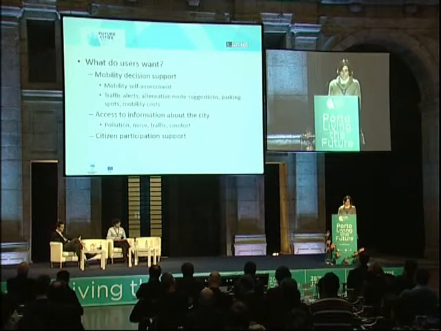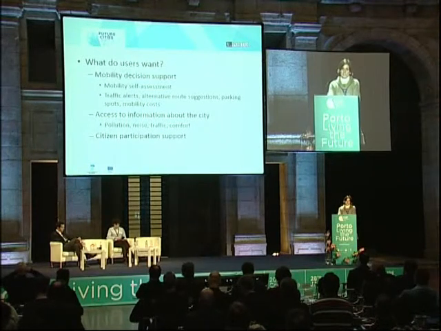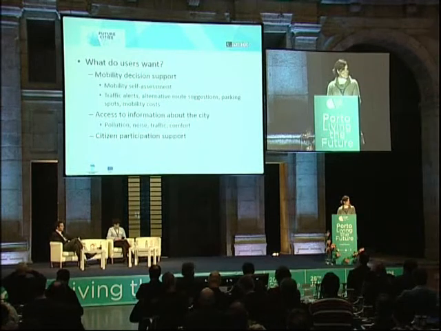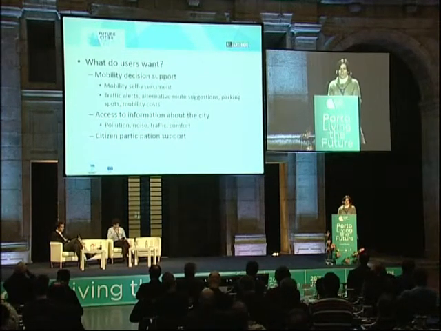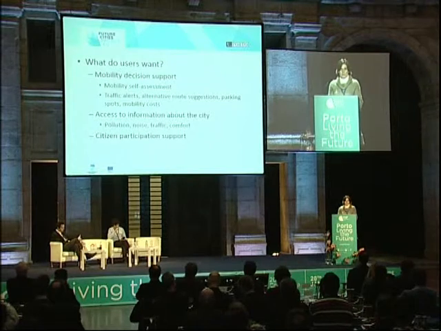Another very popular kind of suggestion was access to information about the city. This is very much in line with what Vitor Matias just said, that people want to have access to maps. Maps about the pollution, about the well-being, about the traffic, about everything.